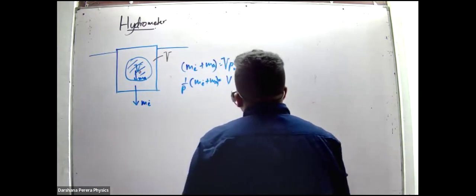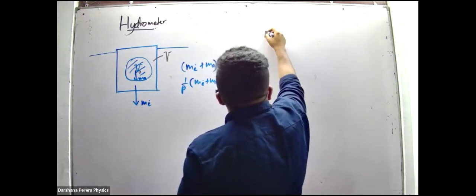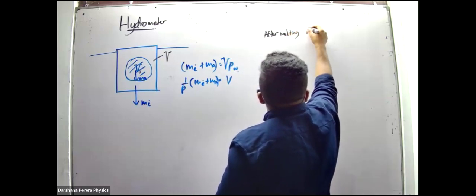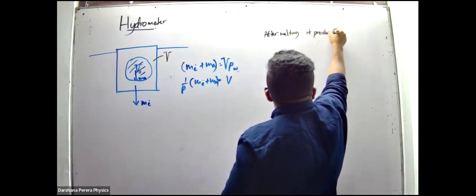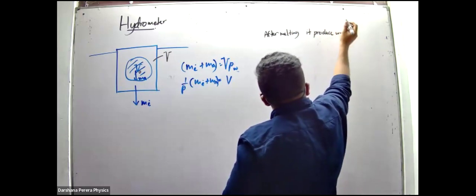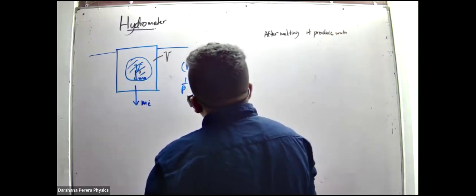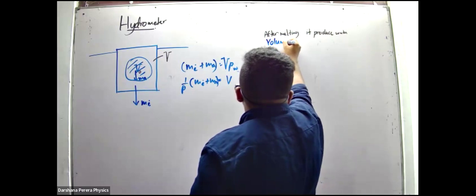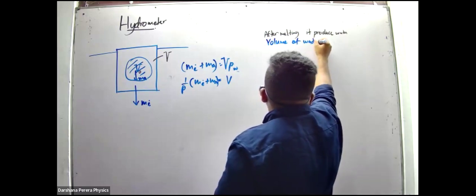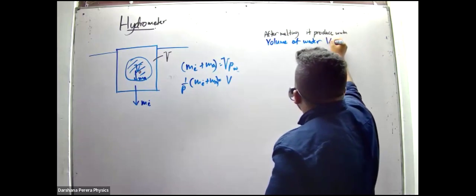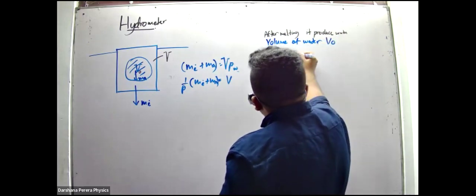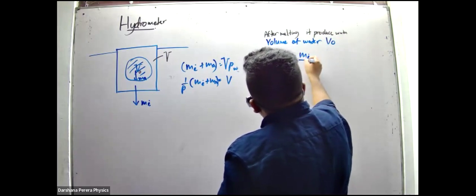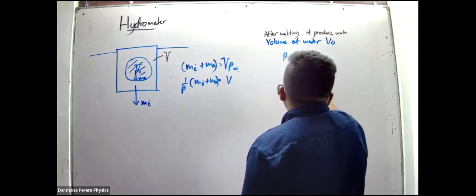So after it melts, it produces water. So the density of the water rho W equals Mi over V naught.